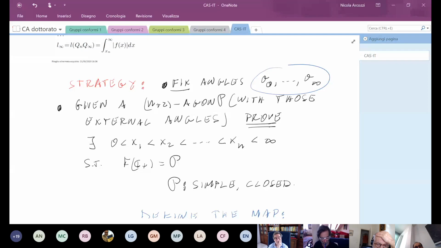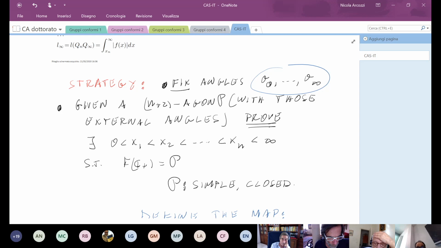Then, given a polygon with n plus 2 sides, it must fall in some family of angles, because its external angles sum to 2 pi and are not too large nor too small, so they fall for some n plus 2 tuple of numbers.